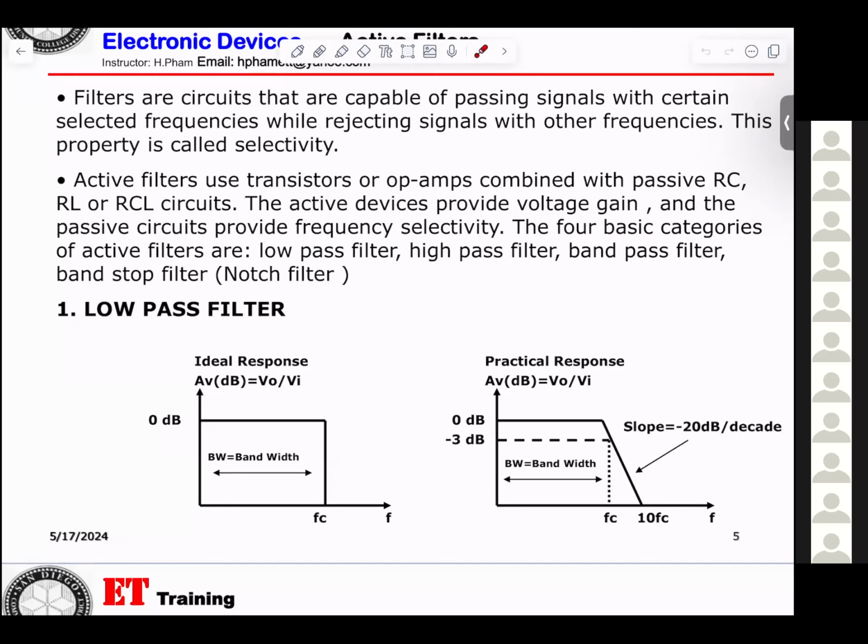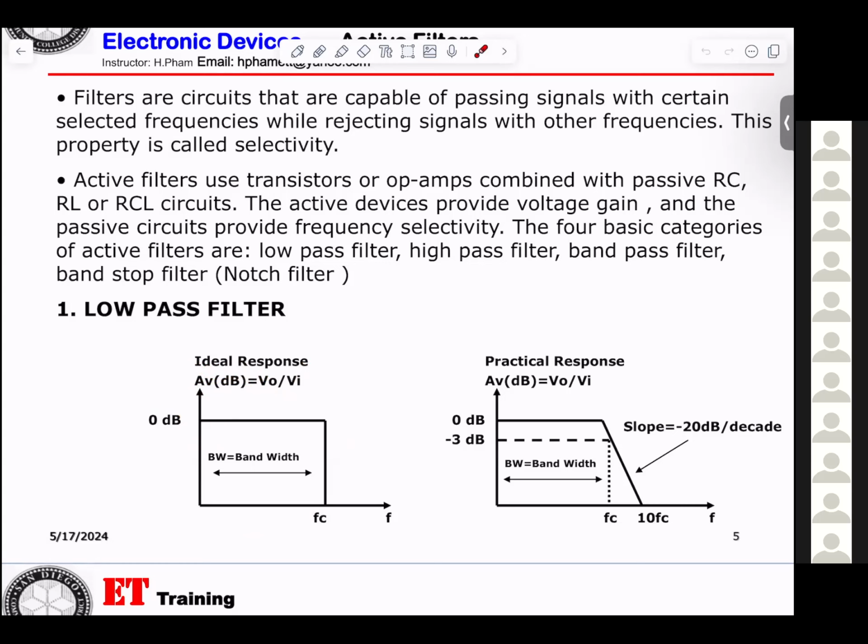First thing, we're talking about low pass. Low pass means it passes the signal at low frequency. Ideal response, AV. You know what that means, AV, right? The gain in dB will be equal to V out divided by V in. If you look at that one here, they say 0 dB.